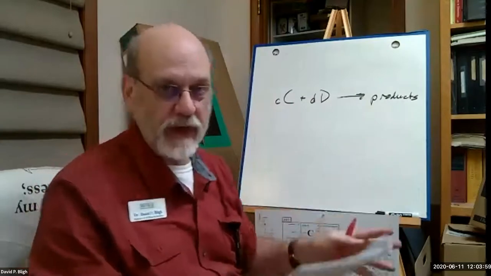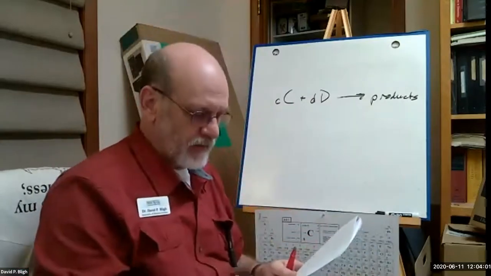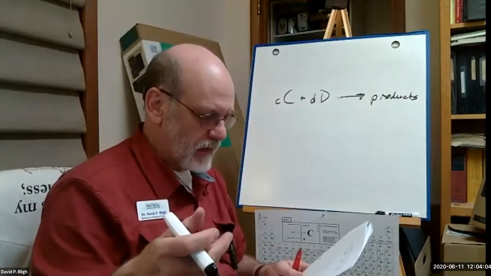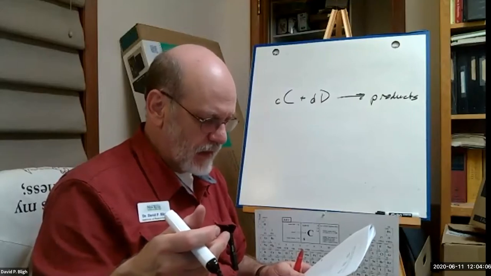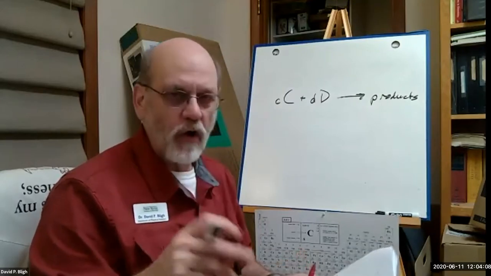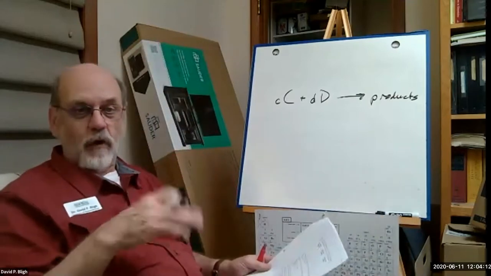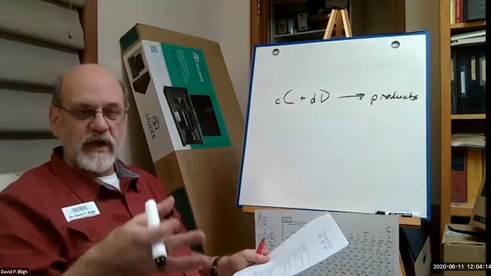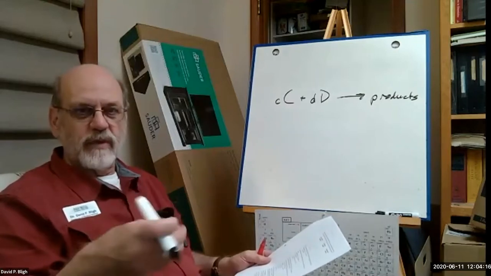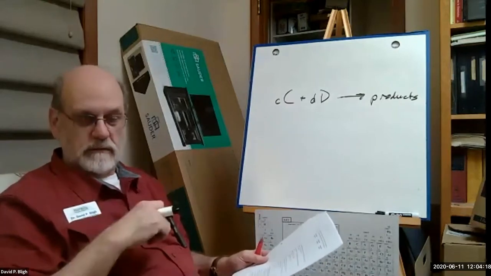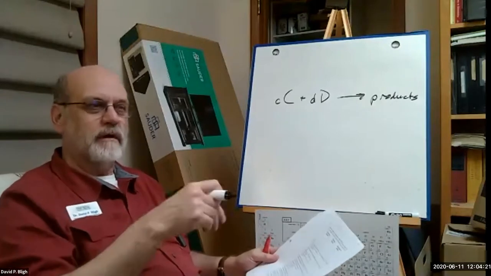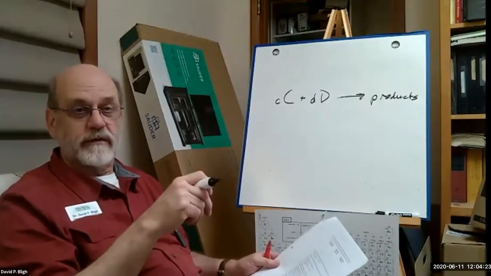You know how to do that. Then the question is, what's the overall order for the reaction? You remember what that is? The overall order for the reaction is just the sum of the individual component reaction orders. Right? So if order's 1 for one and 1 for the other, then the total is 2.